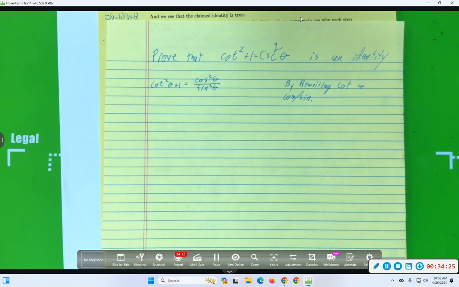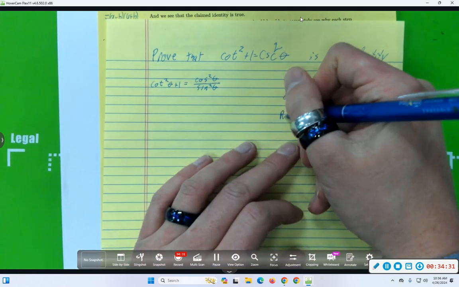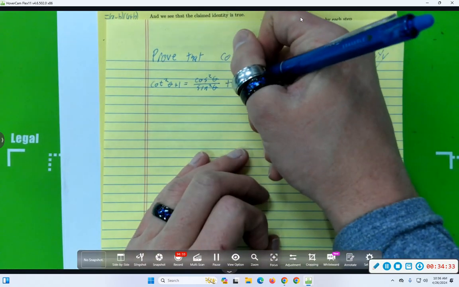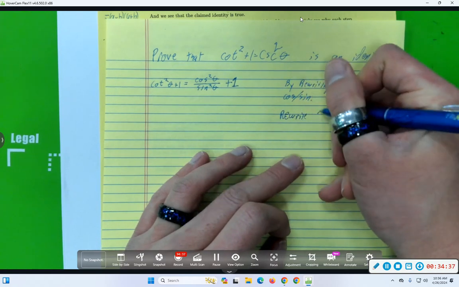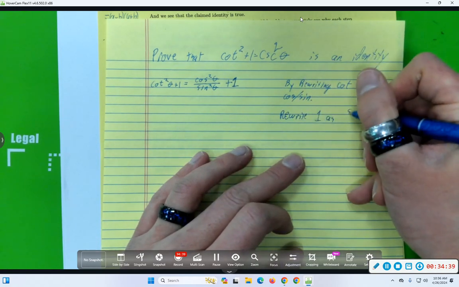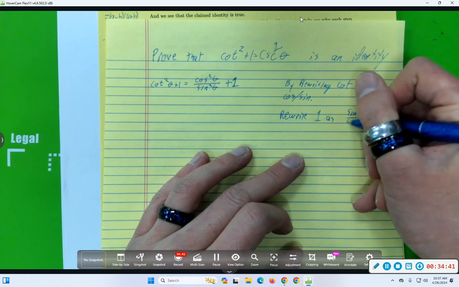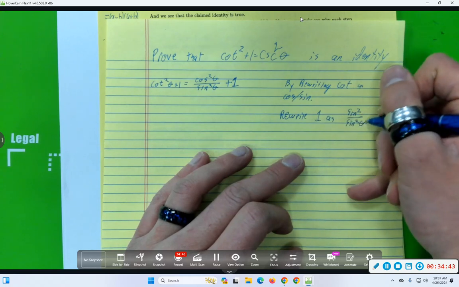Yeah. You can rewrite the 1 as sine squared over sine squared. I'm going to put the thetas in.